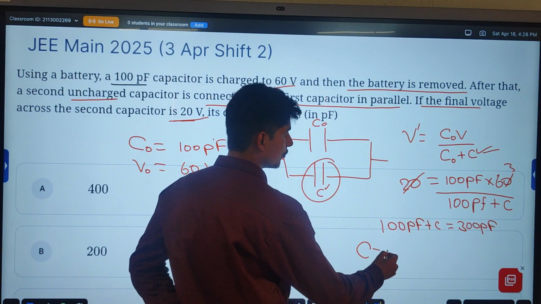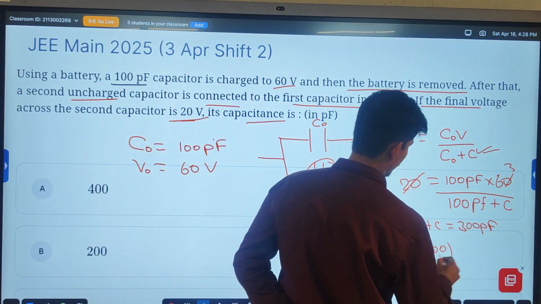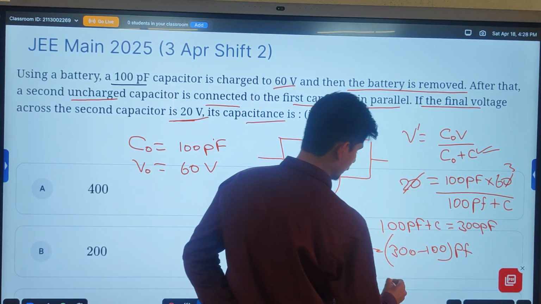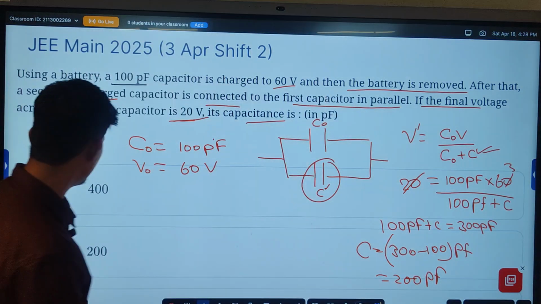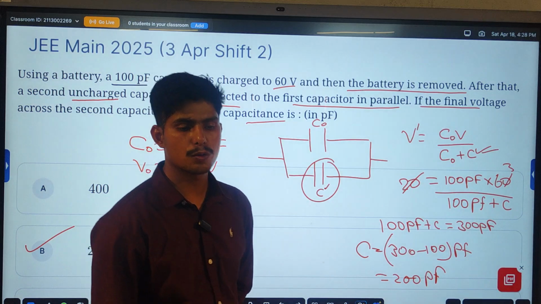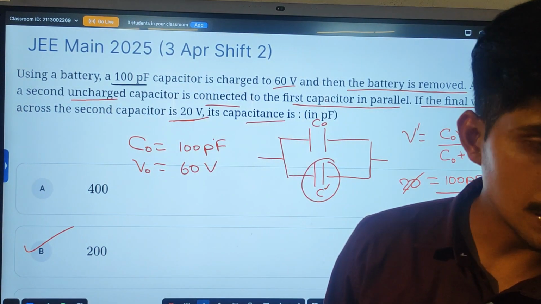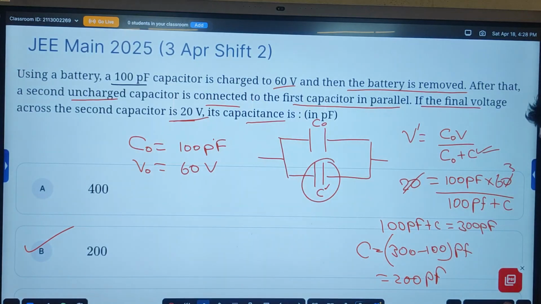So C comes out to be 300 minus 100 picofarad, which is finally 200 picofarad. Option number B. So this is a very simple question. In this question you have to conserve the charge. Now coming to the next question.